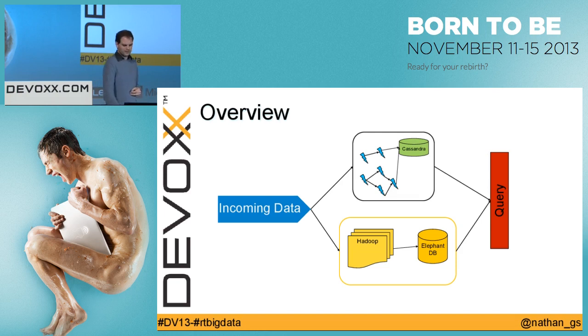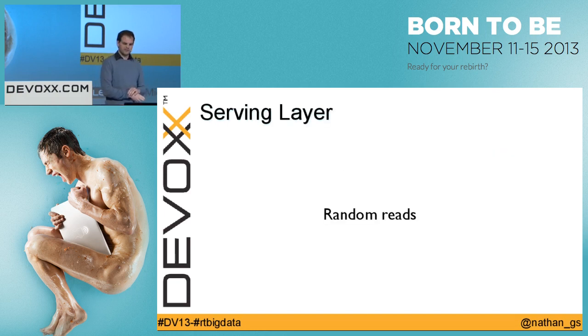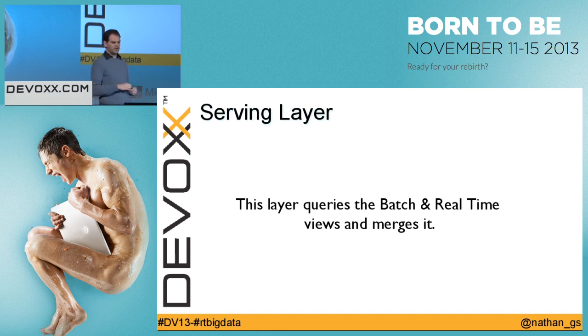So it will be a lot of random reads. The serving layer needs to be able to answer any question in a really short amount of time. So this layer will query the batch and real-time views and do a merge operation on top of it.